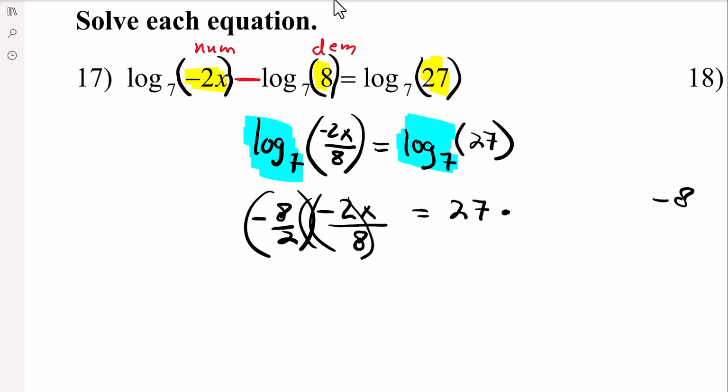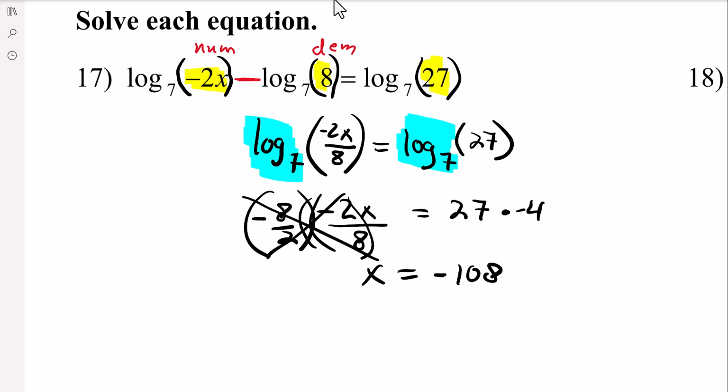Well, negative 8/2 is the same as negative 4. So I can just multiply the right side by negative 4, and on the left side, it cancels. And then 27 times negative 4 is negative 108.